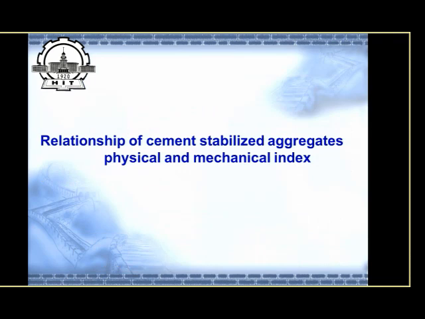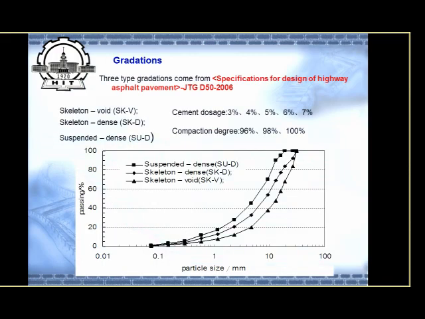This is the relationship of semi-rigid aggregates' physical and mechanical indices. We use the best compaction method to do this test. We use 3 gradations from the Chinese specification for the design of highway asphalt pavement, 5 cement dosages and 3 compaction degrees. There is a lot of test work.